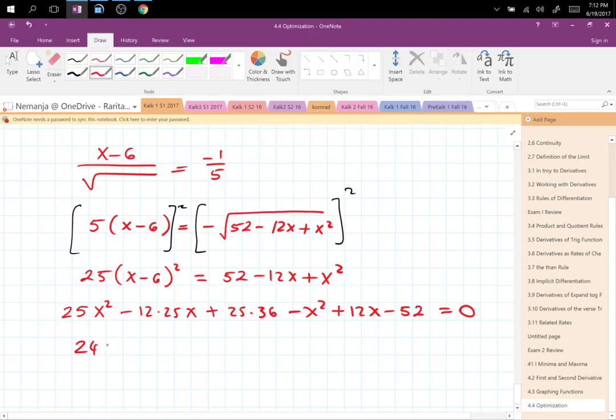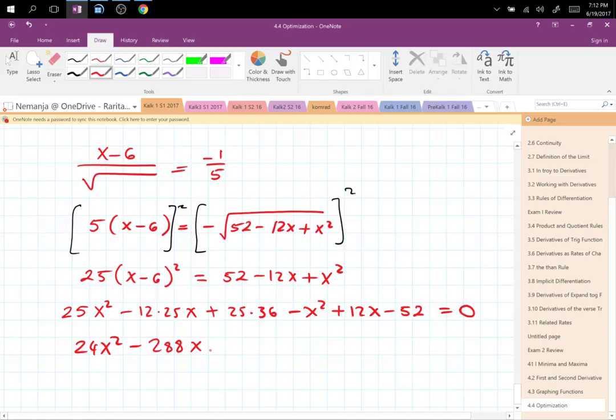24x squared. Now I have that's actually easy, because it's 25 times 12 and then it's 12x, so that's 288.